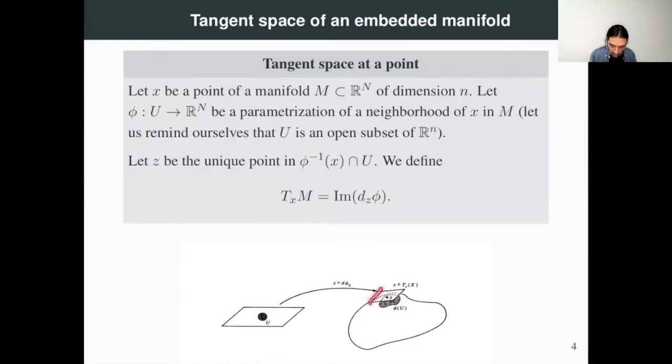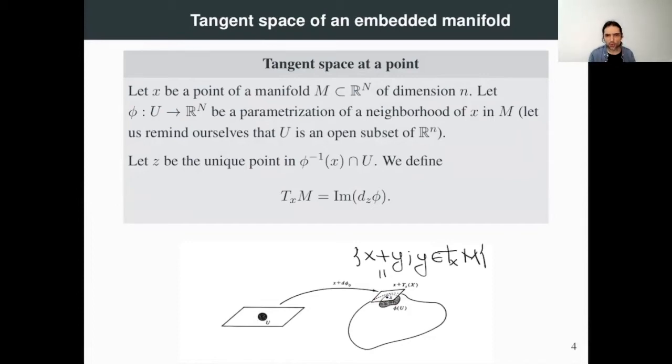The space that is pictured over here is not the tangent space, but x plus the tangent space. Here we consider the points of the form x plus y, where y is an element of the tangent space of M at the point x.